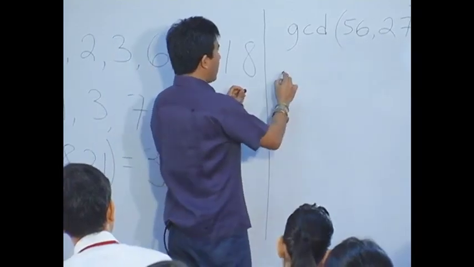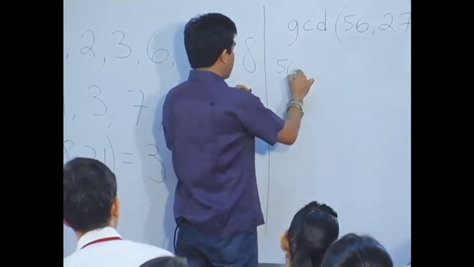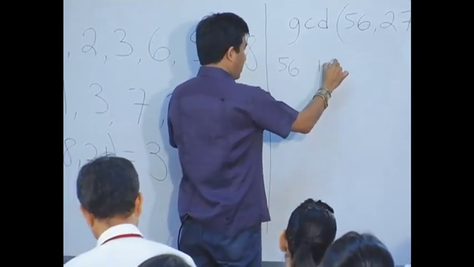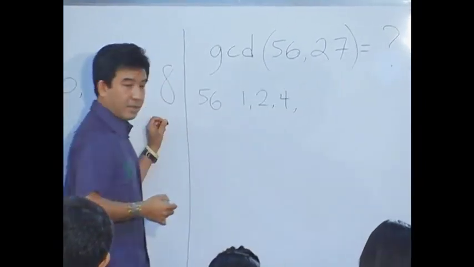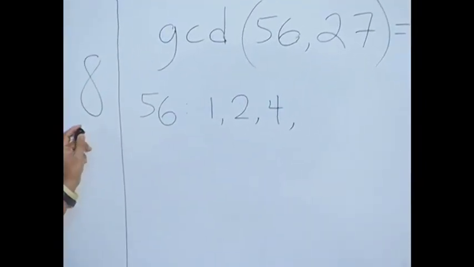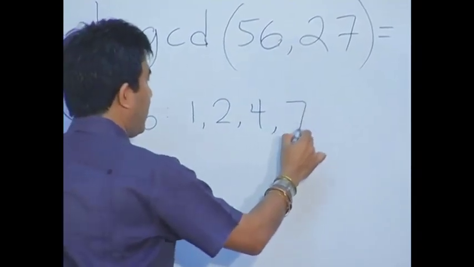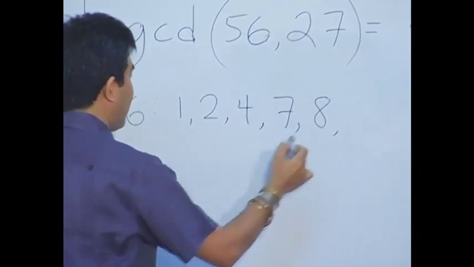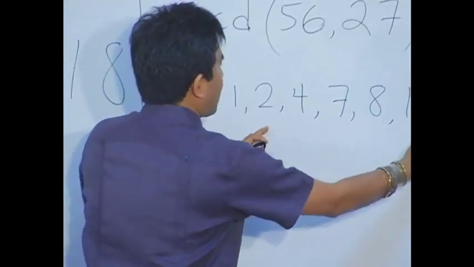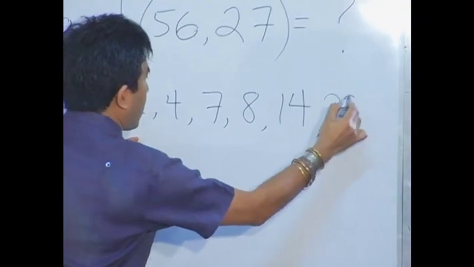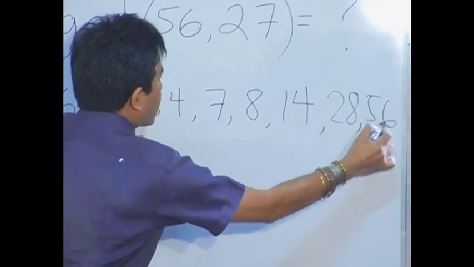So we list down all the factors of 56, and this is 1, 2, 4, 7, 8, 14, 28, 56.